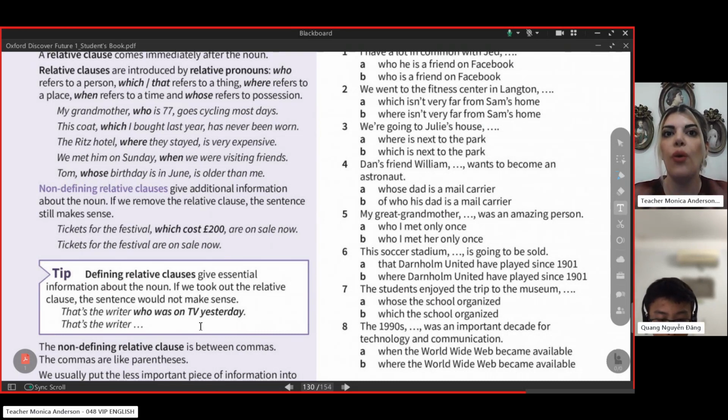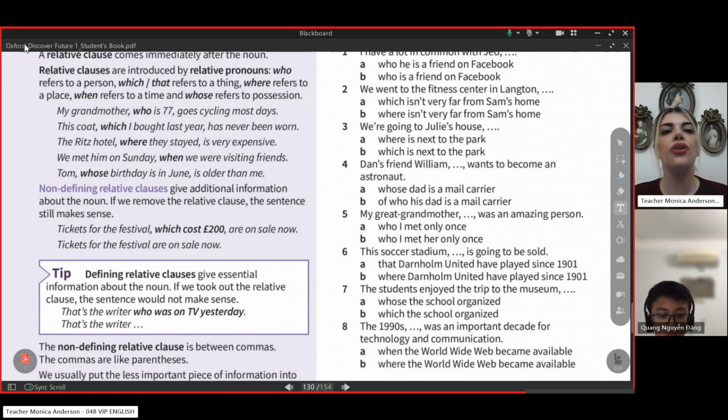I don't know what you mean if I remove it, so that is really essential. So we can divide relative clauses into two types: defining and non-defining. Defining gives essential information and is not removable. Non-defining is additional, extra information, so you can remove it and your sentence still makes sense.